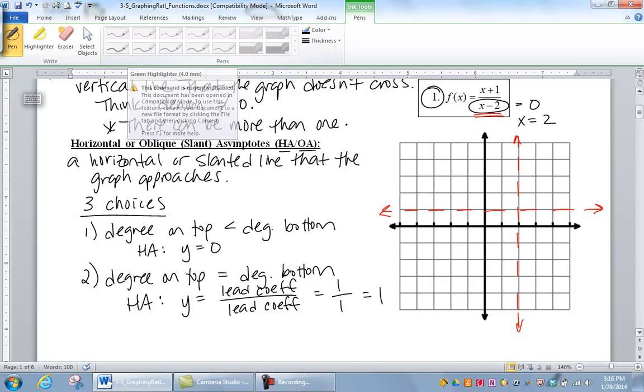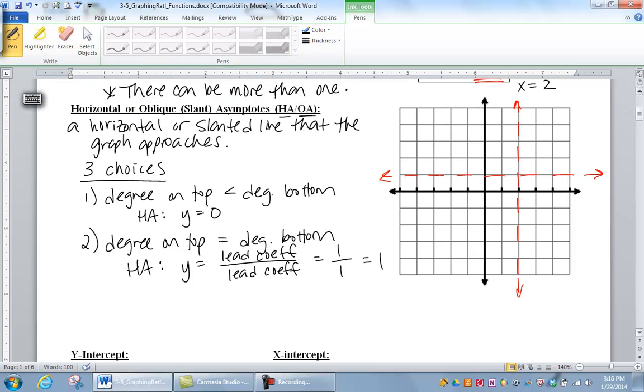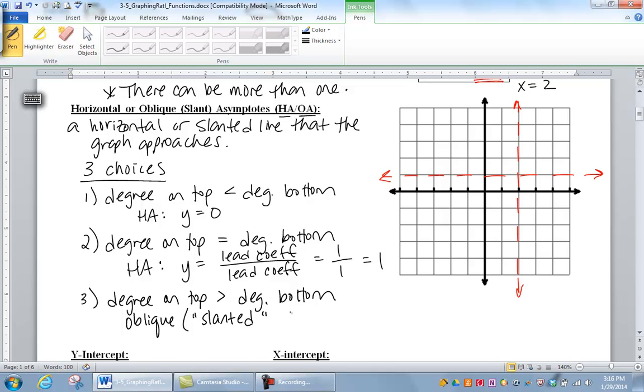The third choice for these horizontal or oblique asymptotes is obviously if the degree on the top is greater than the degree on the bottom. That's the only other option that we haven't done yet. That's called an oblique or slanted asymptote, and you divide the polynomials using synthetic division.